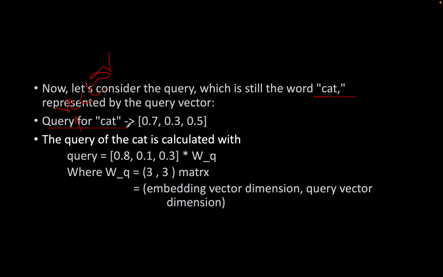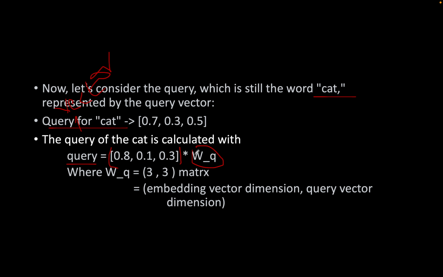The query vector for each token is calculated by multiplying the initial token embedding with the weight of query vectors. The weight of query vectors is nothing but a matrix from the embedding vector dimension to the query vector dimension. In this case that is 3 by 3. So we calculated the query 0.8, 0.1, 0.3.